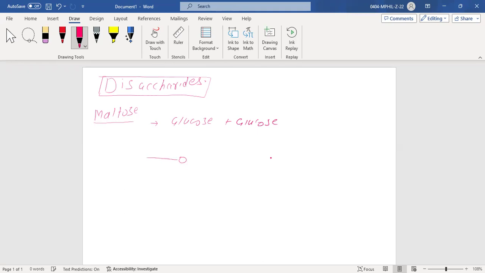We can draw, and you must know how to draw these structures. You must be familiar with these structures as well, because you can only differentiate them that way. For example, there is one structure here, and on this side you have another structure like this.